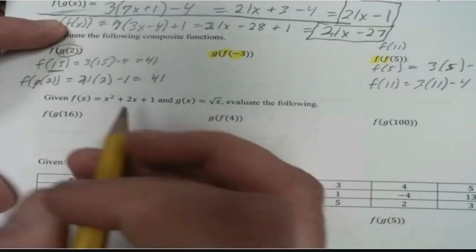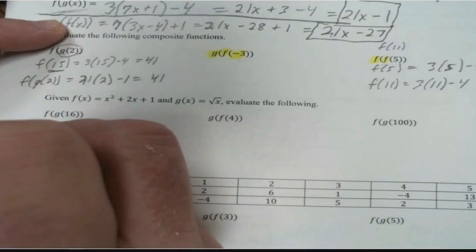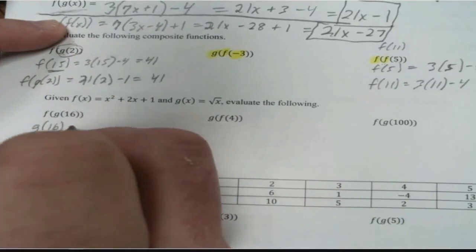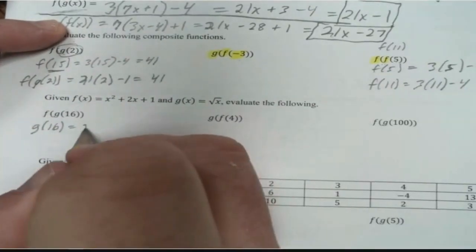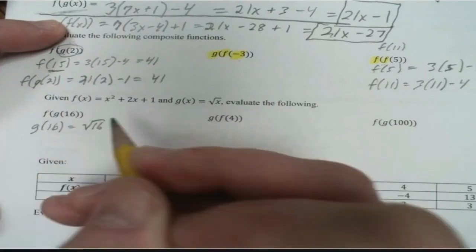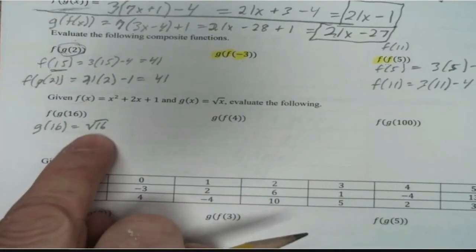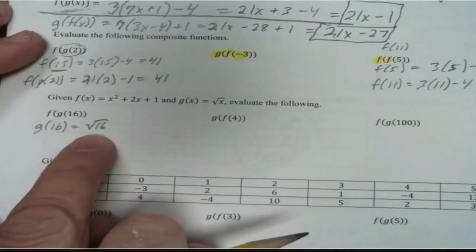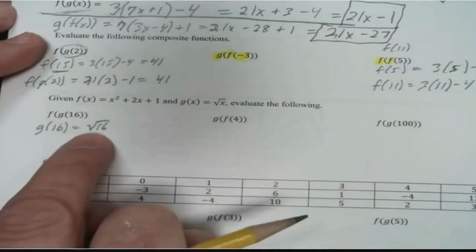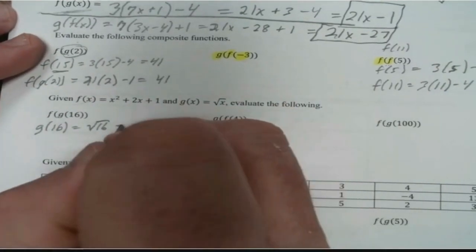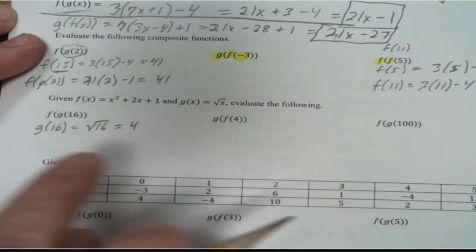Okay, so g of 16. Let's figure it that way. Equals the square root of 16. Now, for these purposes, we assume the positive because we know there's two answers to that, right? It's 4 and negative 4. But when you're doing these compositions, you assume the positive. So it's going to be 4. Otherwise, we'd have two different answers.